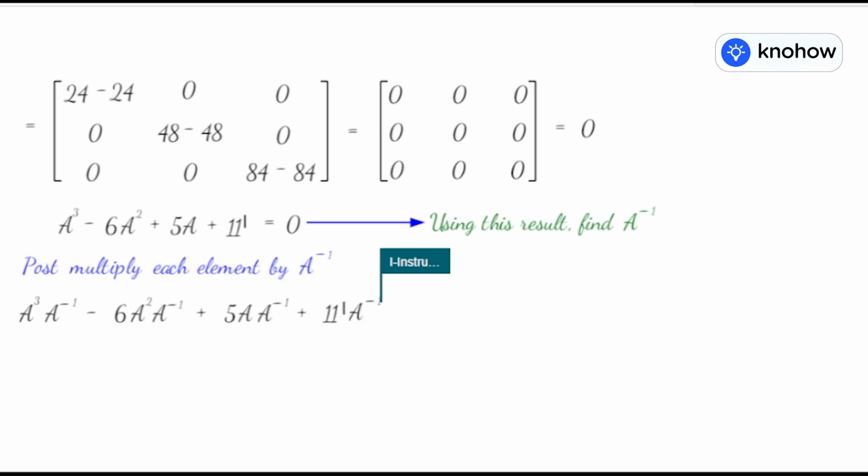And now here we'll make use of certain results, that A into A inverse will be I, the identity matrix, multiplied by A will make it A, etc.